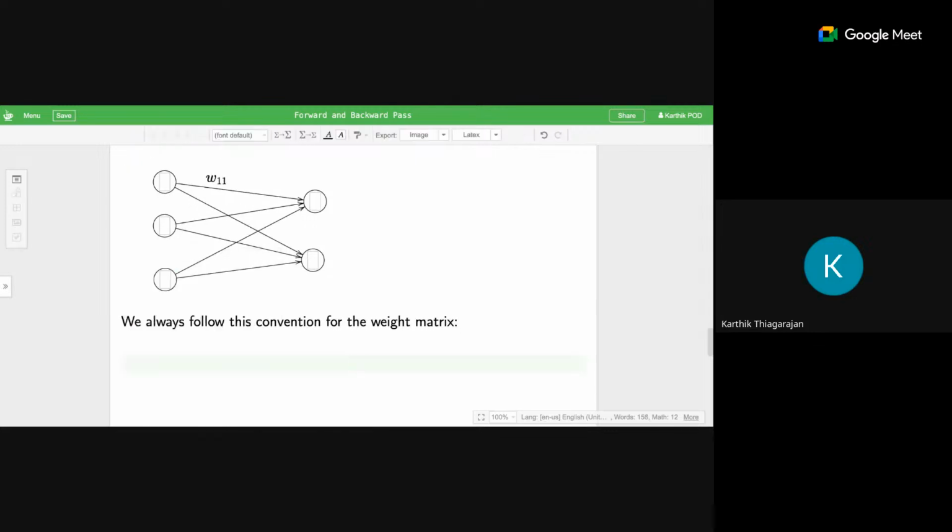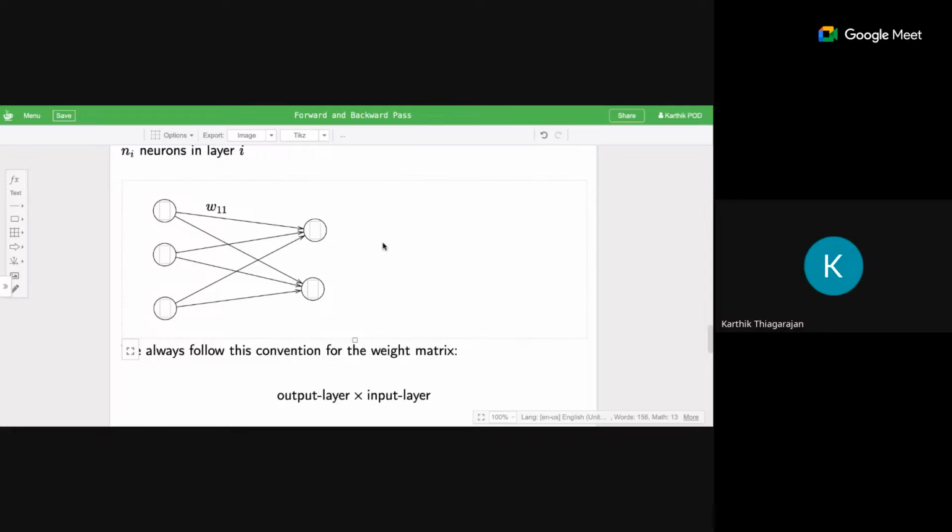In terms of text, and not symbols, it's output layer cross input layer. So you should always tell the output dimension first and then the input dimension. So it will be 2 cross 3 in this case.